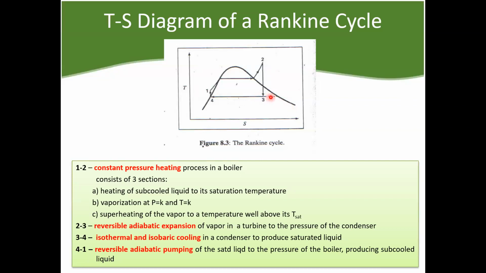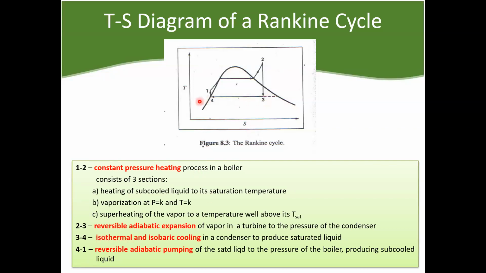And that helps with the design of the turbine that prevents the erosion problems. So it has more vapor. That's because it's further to the right compared to the Carnot, wherein it's further to the left.